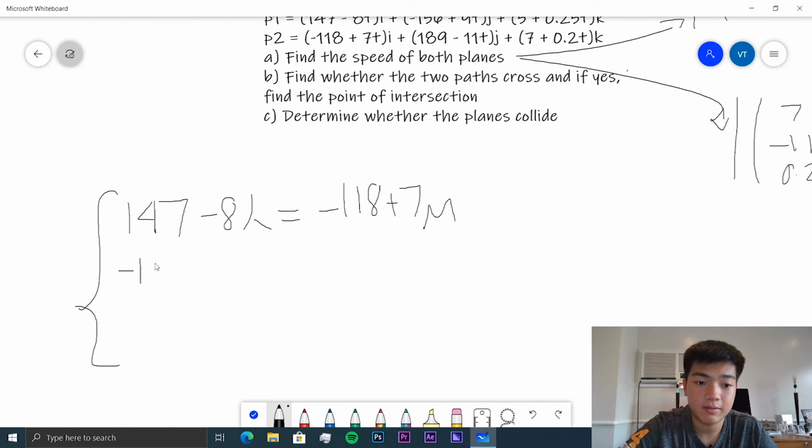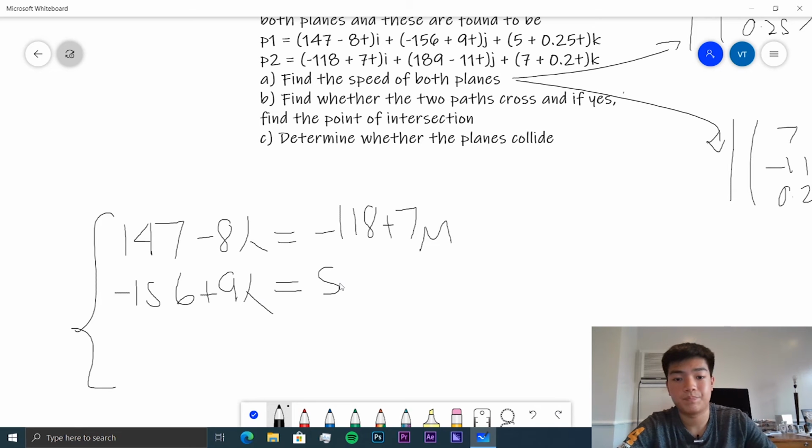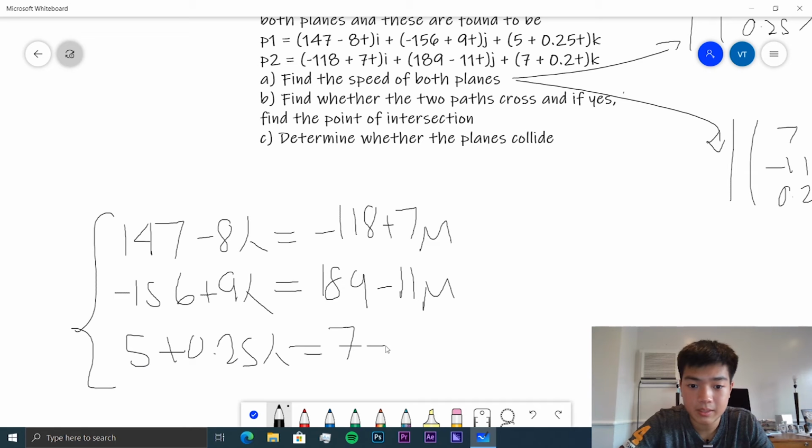Next, negative 156 plus 9 lambda is equal to 189 minus 11 mu. And then finally, 5 plus 0.25 lambda is equal to 7 plus 0.2 mu.